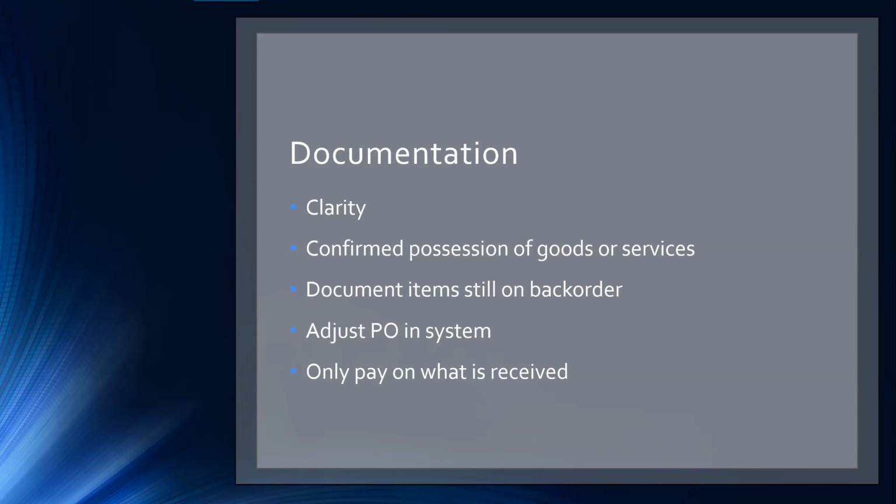If the documents are already captured and stored within the prescribed system, time delays and bottlenecks are reduced. These should be captured to confirm goods or services are in possession and whether items are still on back order. So good, clear documentation allows people to perform their responsible tasks and also adjust the POs as necessary before a payment is issued, maybe for overpayment.